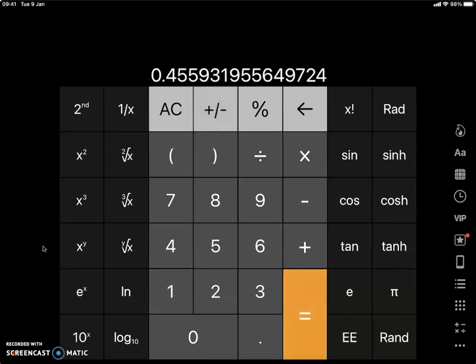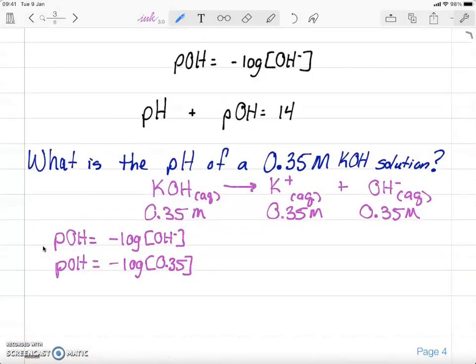And so it looks like the pOH in this case is going to be 0.46, rounding to 2 significant figures after the decimal.